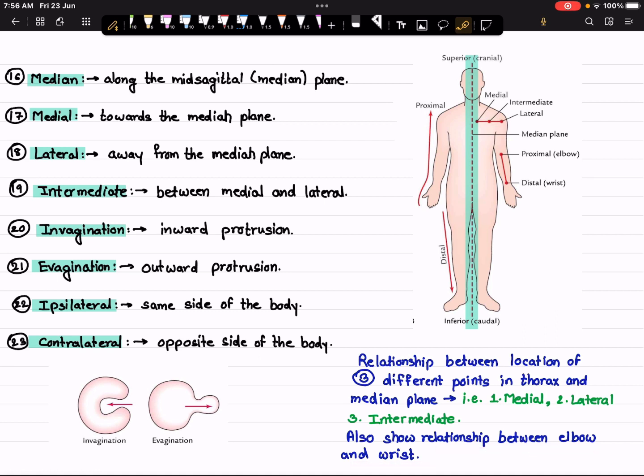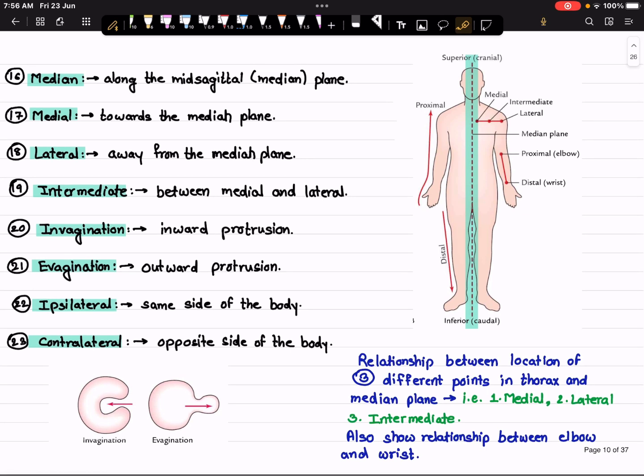What we say is that the elbow is a distal structure. You will understand it in the upcoming slides, but just remember that when we say the wrist is a distal structure and the elbow is a proximal structure, we are comparing it with something. We are taking a reference point and then comparing.